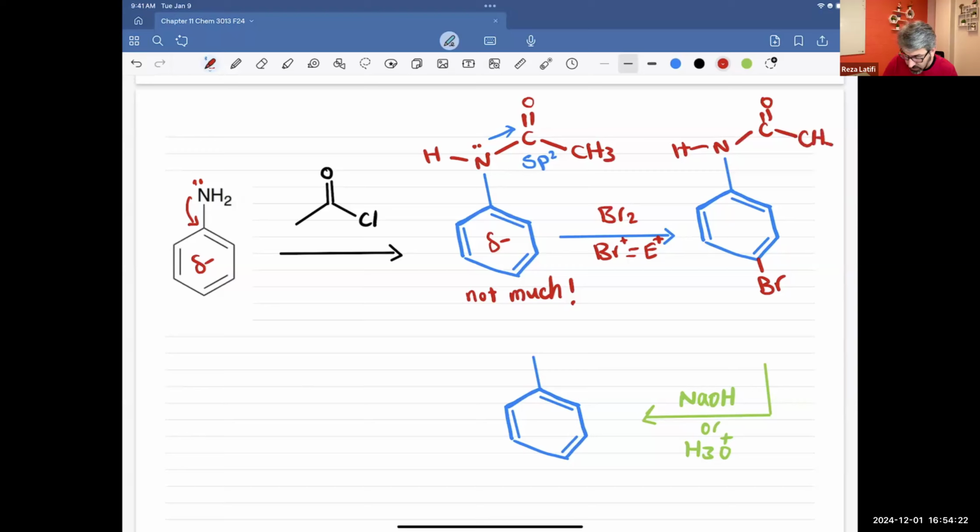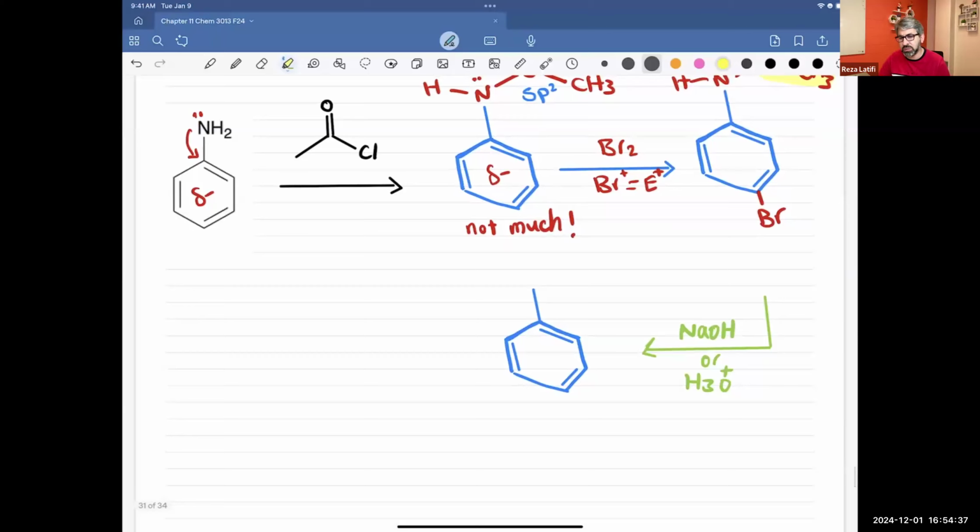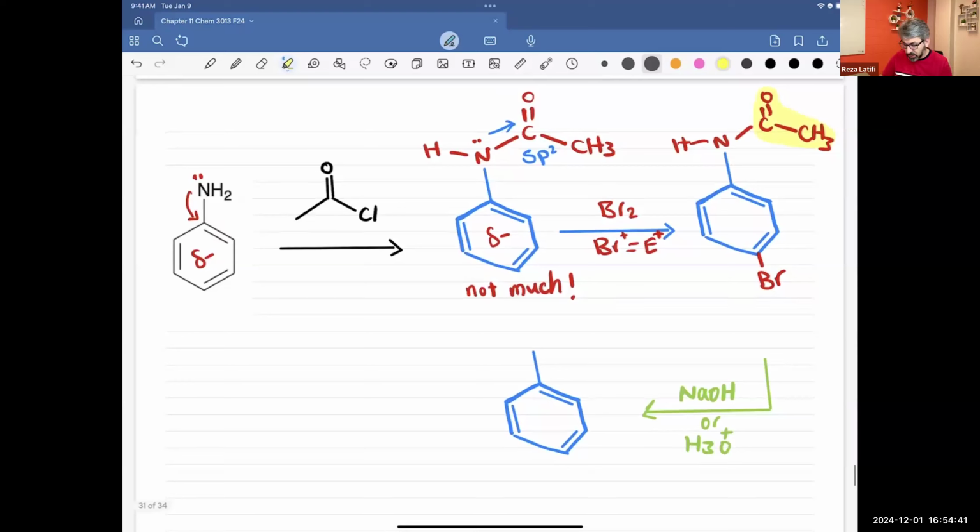release this part of the product, but in order to release it, we need to use harsh conditions. We need to go with a strong basic solution or acidic solution, and neither method is friendly for the environment. But if you use acidic or basic conditions, the amide bond will very soon be broken, and technically it will turn to NH2.